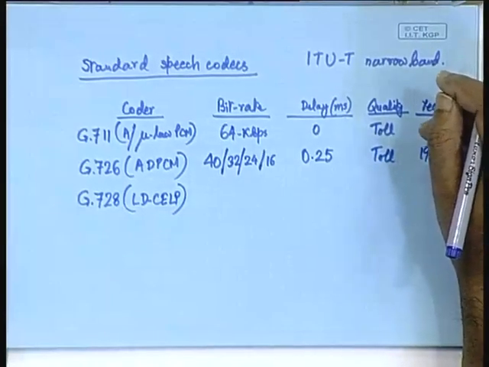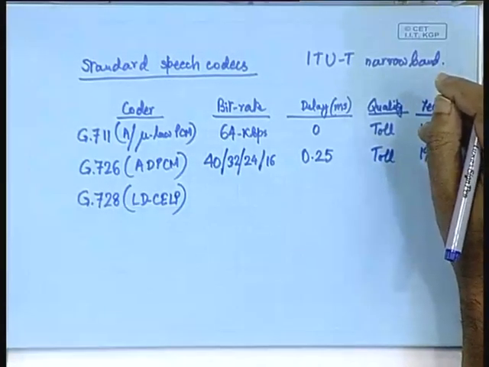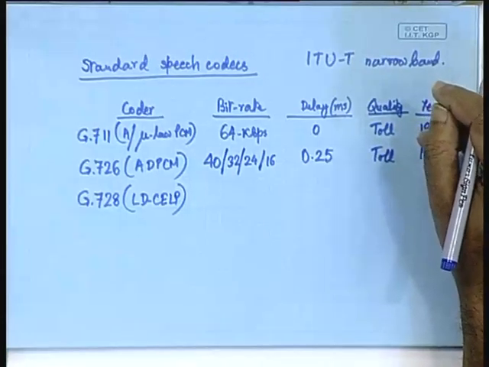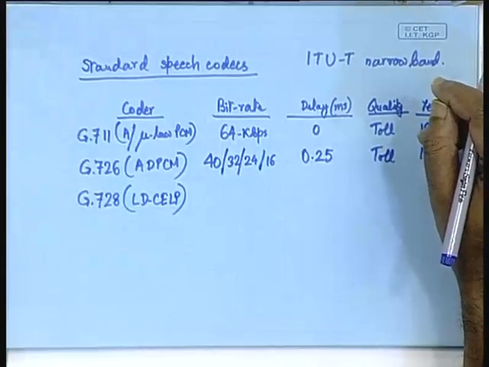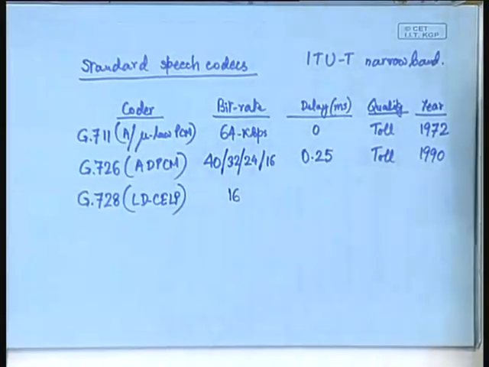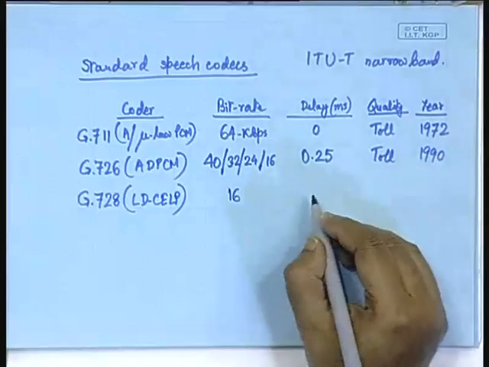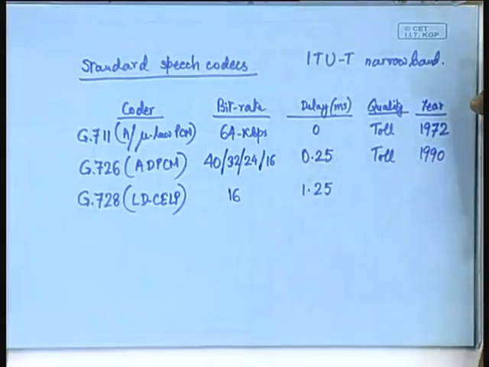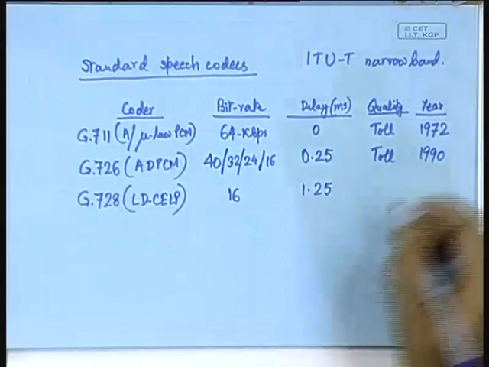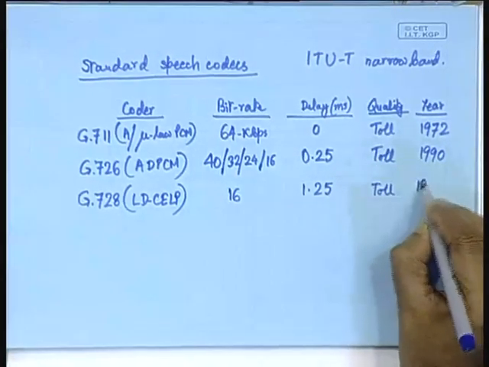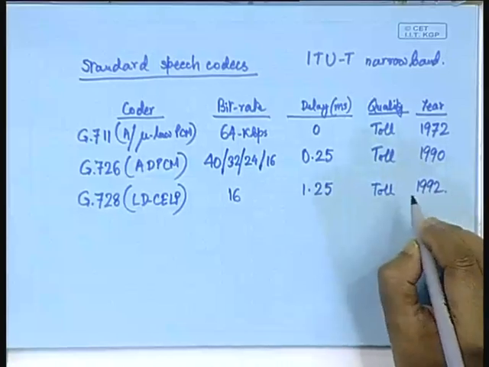In fact, we will be talking about CELP and linear prediction in general in the later lectures. This caters for a bit rate of 16 kilobits per second, and the delay that is encountered in this process is somewhat more, 1.25, for toll quality speech, and this was proposed in 1992.